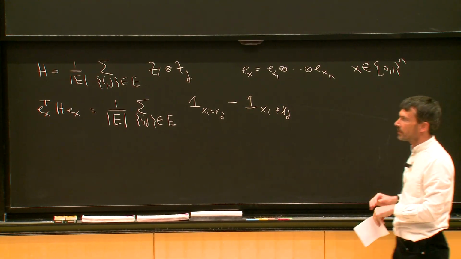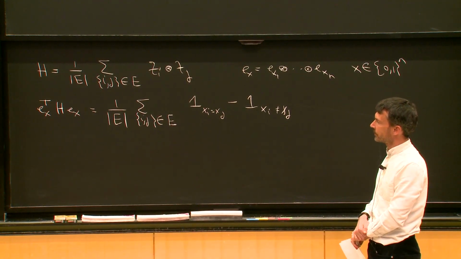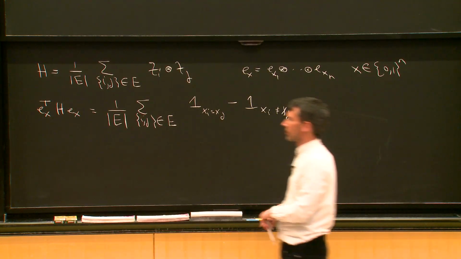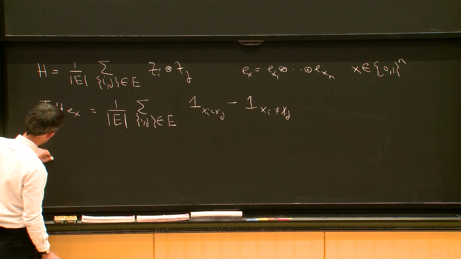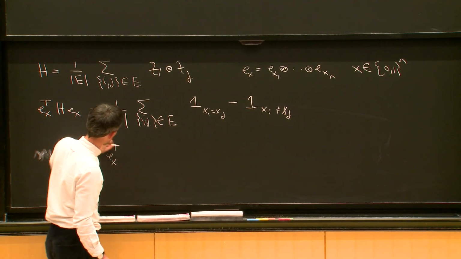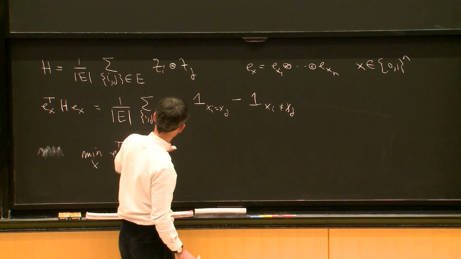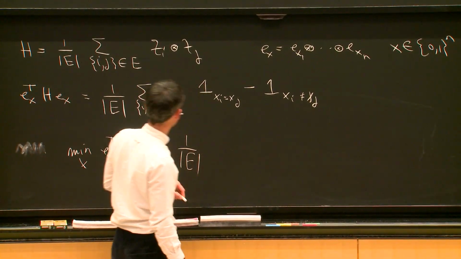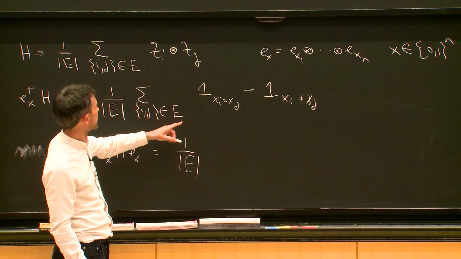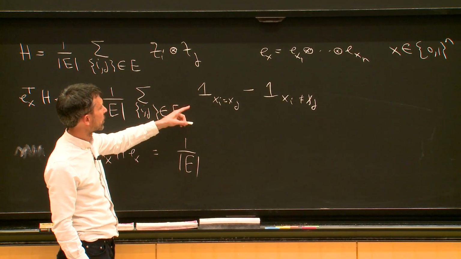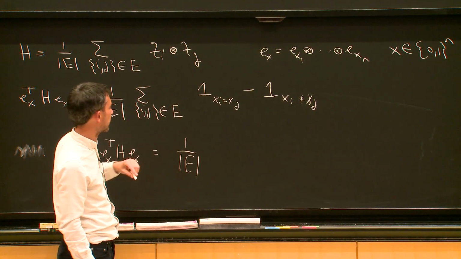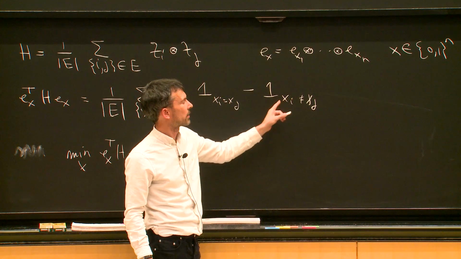If we're interested in minimizing the energy, because the matrix is diagonal, it's enough to minimize over basis states, so I will minimize over x of ex transpose H ex. This is going to be 1 over |E| times an expression that I can rewrite as the total number of edges minus twice the number of cut edges, where an edge is cut if xi is different from xj.